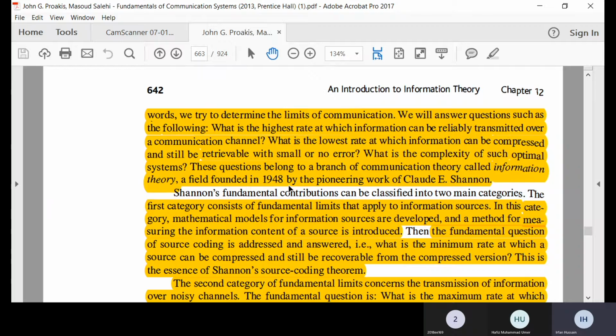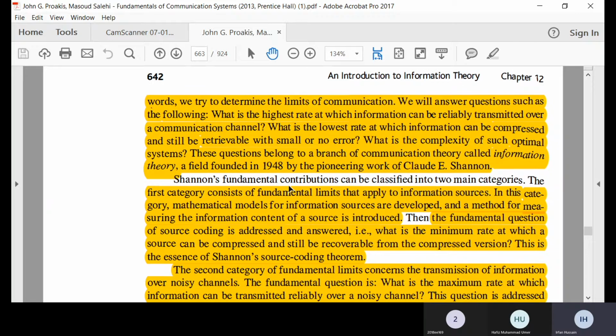The main contribution was by Shannon, and these contributions can be classified in two domains. One would be what are the fundamental limits, and for that you have to have a mathematical model and some mathematical technique for measuring the information.